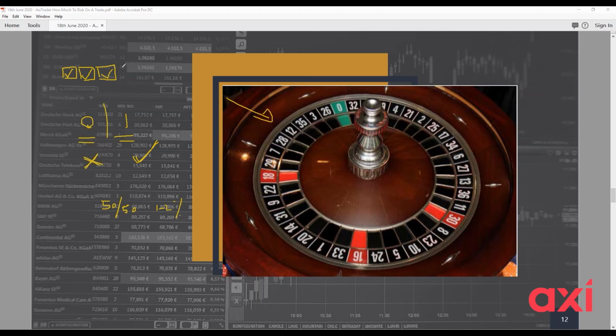Okay, and then there should be additional boxes that increase the odds. Like on the roulette, these are the additional black stuff that you see, right? There could be additional boxes that if the criteria is met, you will start to risk more.